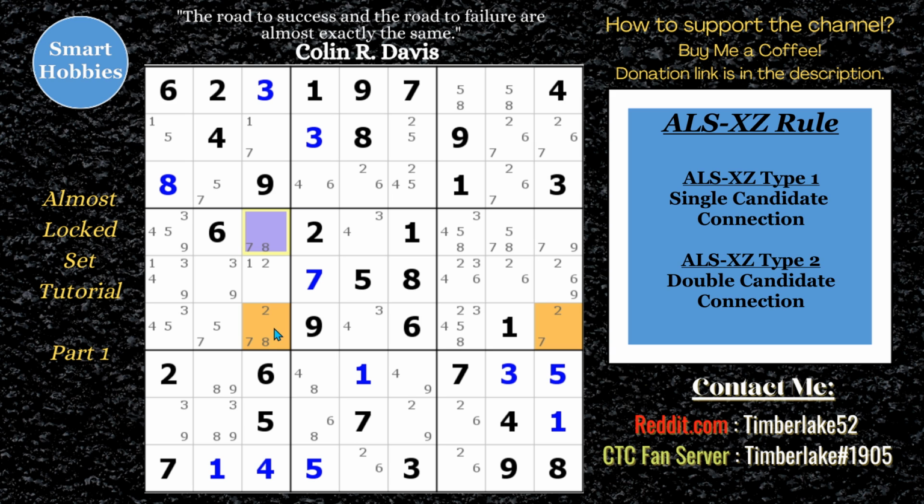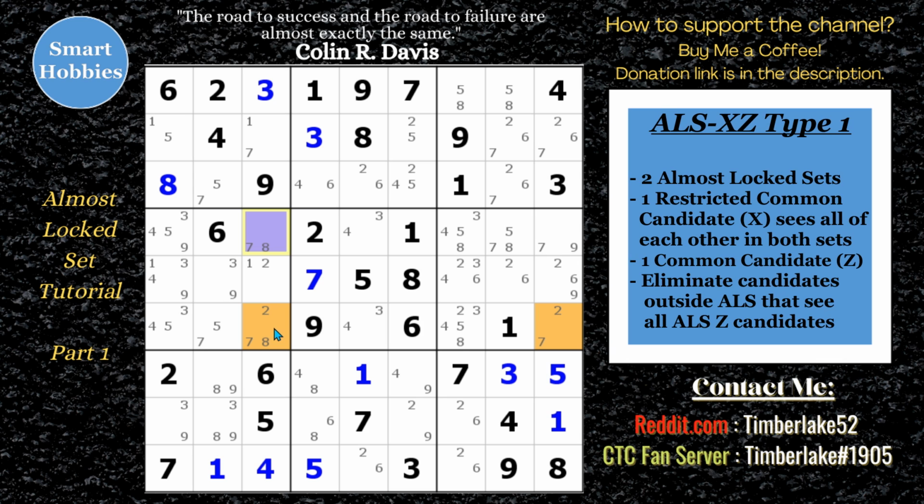So here's how the XZ rule works. You have to have a candidate that's shared between the 2 almost locked sets that can see all instances of that candidate. That is called the restricted common candidate, RCC. So of the 2, 7, 8, which candidate is in the purple and in the orange, and sees all instances of itself?